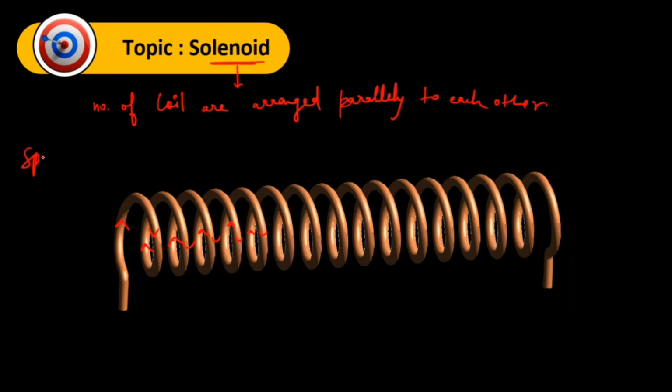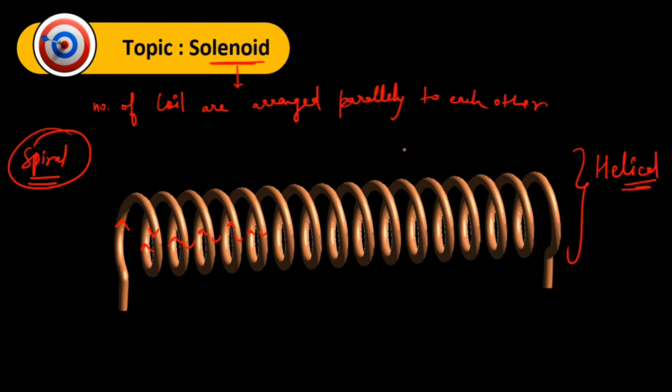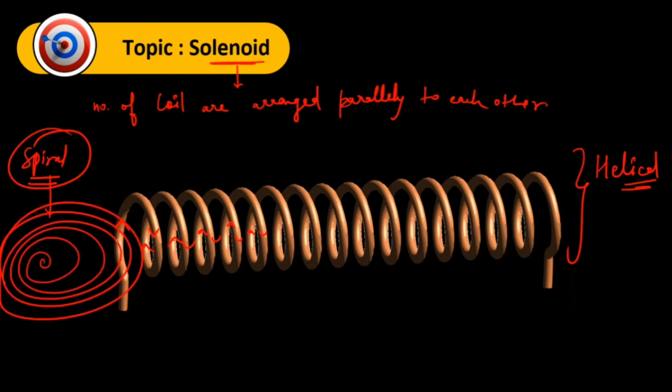But that particular figure is not what we call a spiral, it is called helical. Technically it is helical, and the spiral which we use in day-to-day life is something like this. So that is spiral, and that is helical. A number of coils are arranged in such a way, then only we can see it.